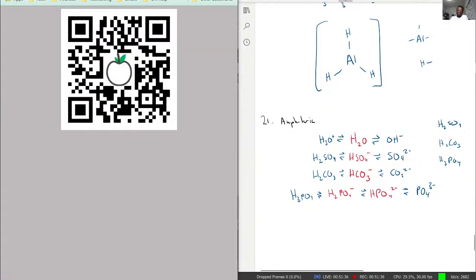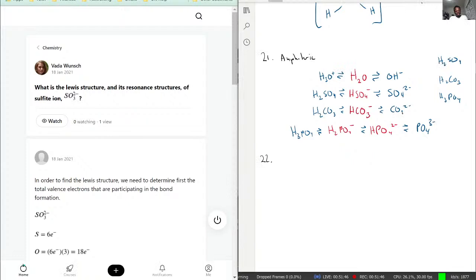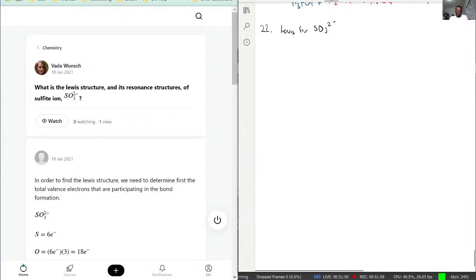And now for question number 22. So here we have: what is the Lewis structure and its resonance structure of the sulfite ion. So we have SO3 2 minus. So Lewis for SO3 2 minus.